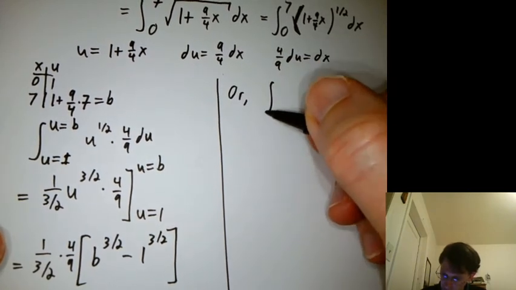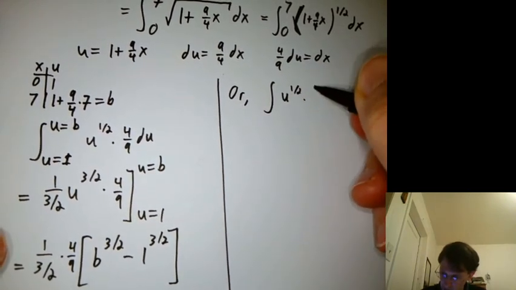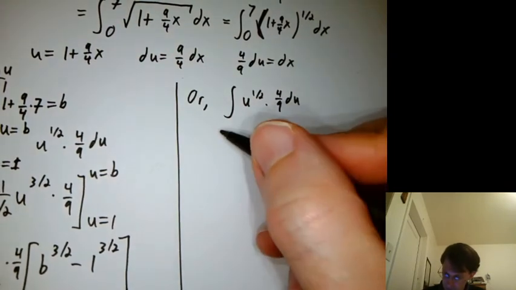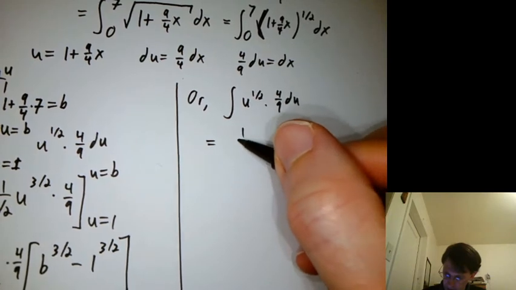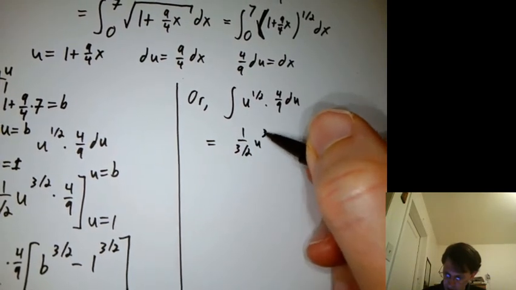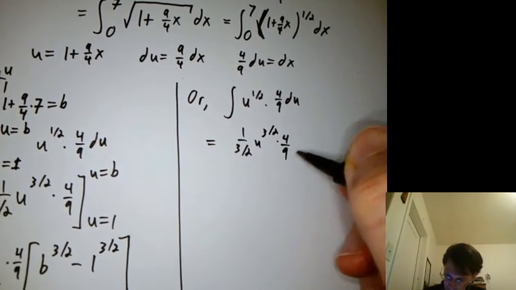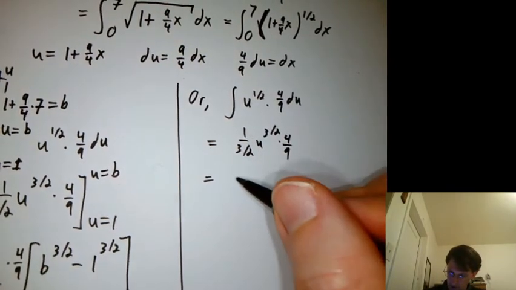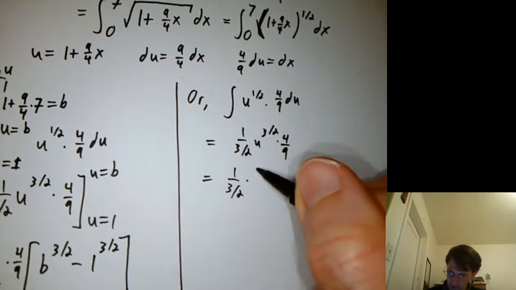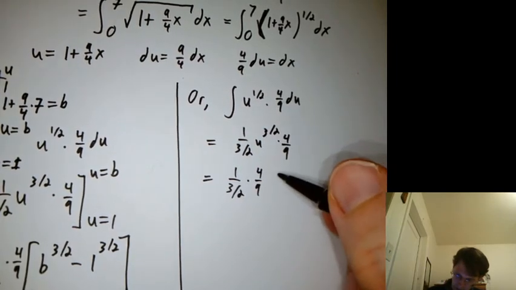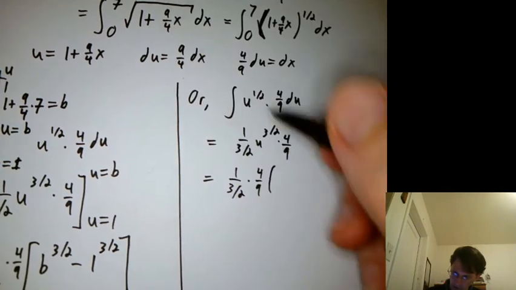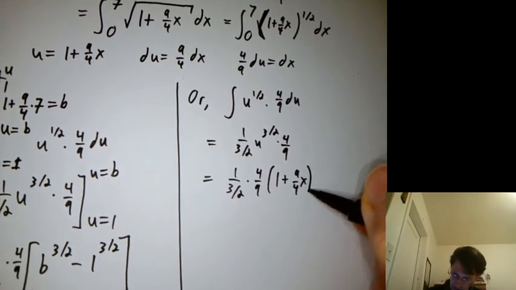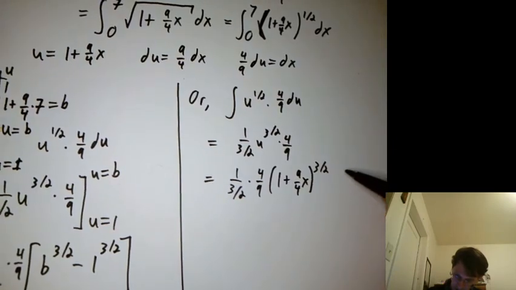So we can just say this is the integral of u to the 1/2 times 4/9 du. And that is 1 over 3/2 u to the 3/2 times 4/9. Now substitute back in, and we get 1 over 3/2 times 4/9 times whatever u was, 1 plus 9/4 x, to the 3/2.